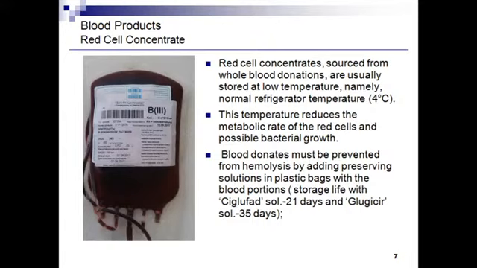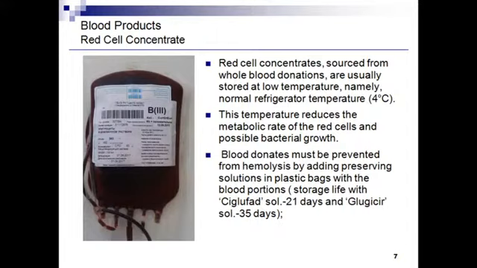Low temperature during storage reduces the metabolic rate of the red cells, stabilizes them, and helps to avoid possible bacterial growth. Blood donations must be prevented from hemolysis by adding preserving solutions in plastic bags, which are named conservants, with the blood portions.